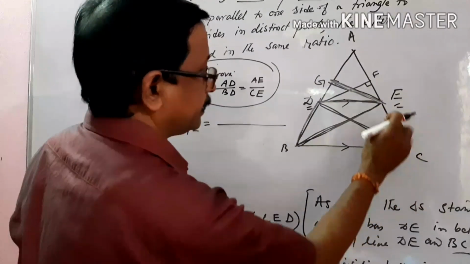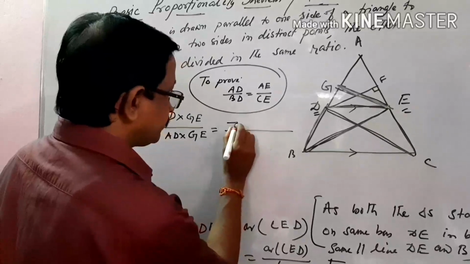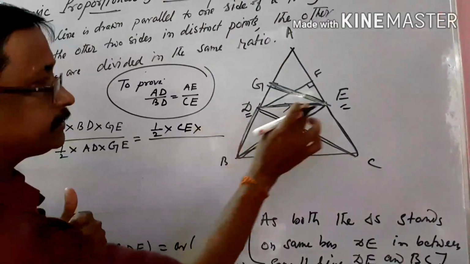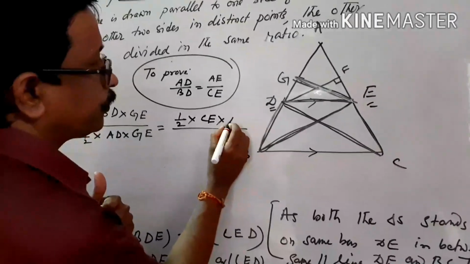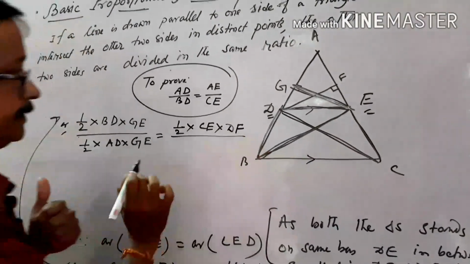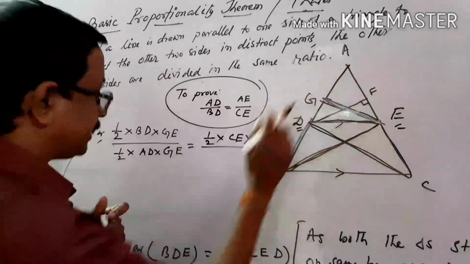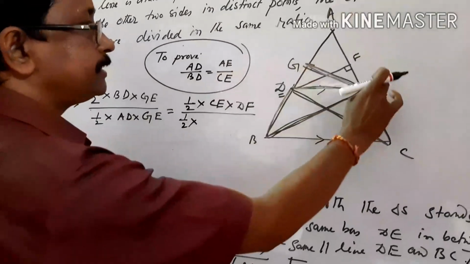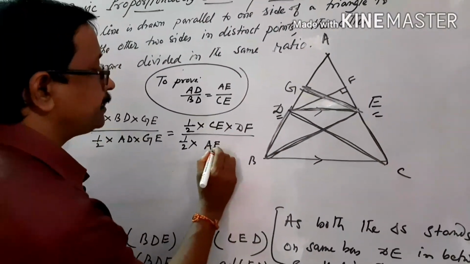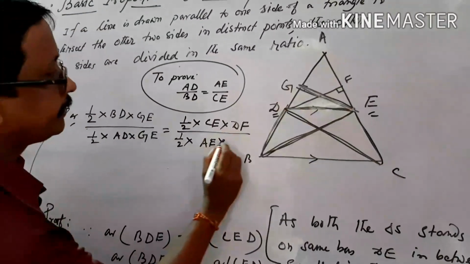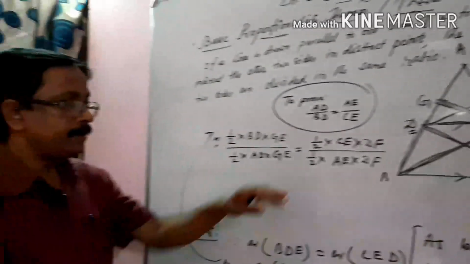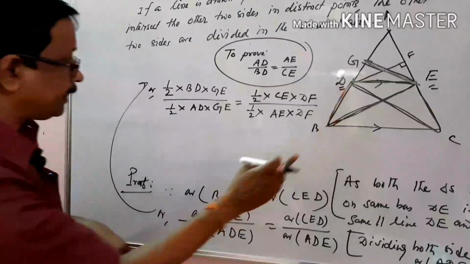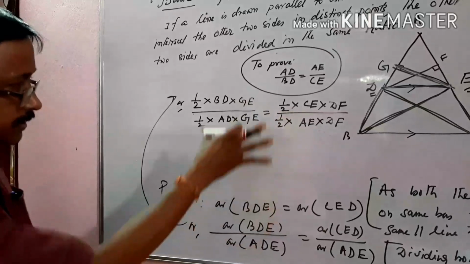And on the right side, area of CED. CED means this one. You look at what the base is there. The same formula, half into base, base means EC, and height is DF. Okay, DF is the height. And again the same triangle ADE, half into base, this one you write there, AE is base and height is DF. Is it clear? So first you write this one, then you divide it by the same triangle, then you use this formula, step by step we will get.